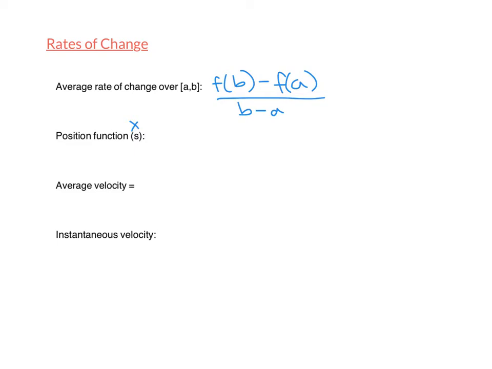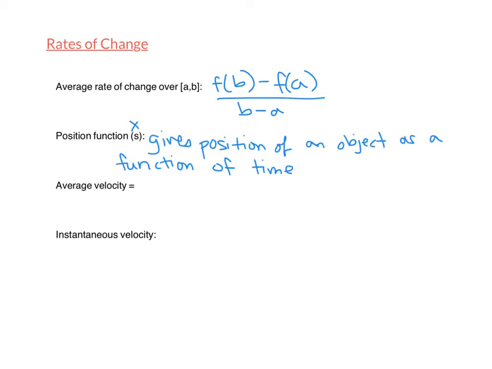The position function is exactly what it sounds like. It gives the position of an object as a function of time. And usually we write it as either s of t or x of t, the two ways you often see it written.